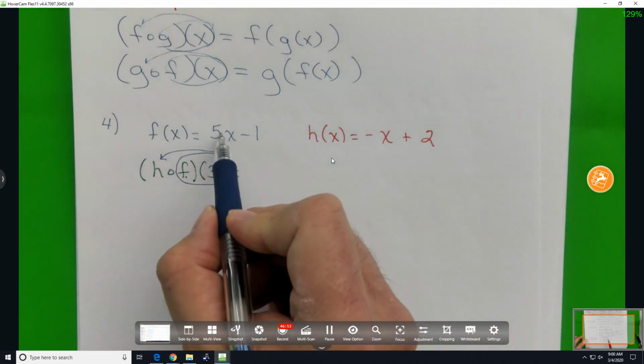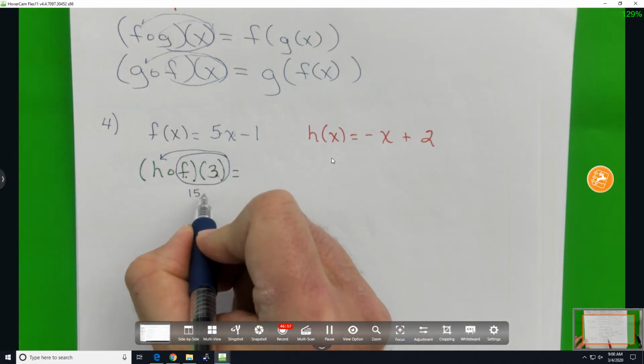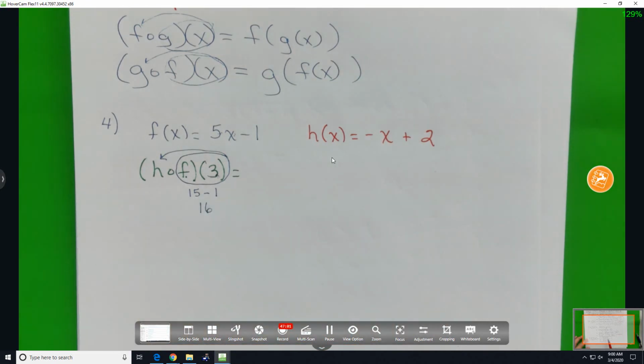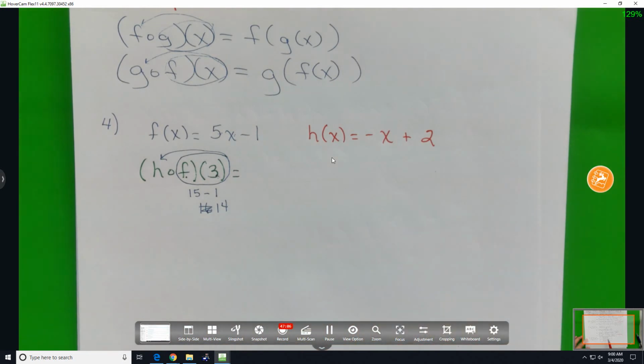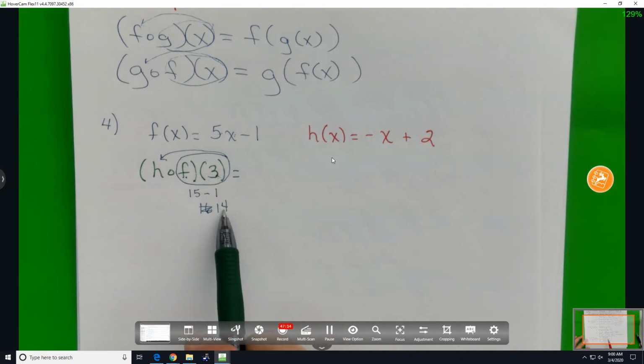And what are we going to have? 5 times 3, that'll be 15 minus 1. Is that a 16? No, oh my gosh, it's a 14. So you start with the 3, plug it into f, you get a 14.